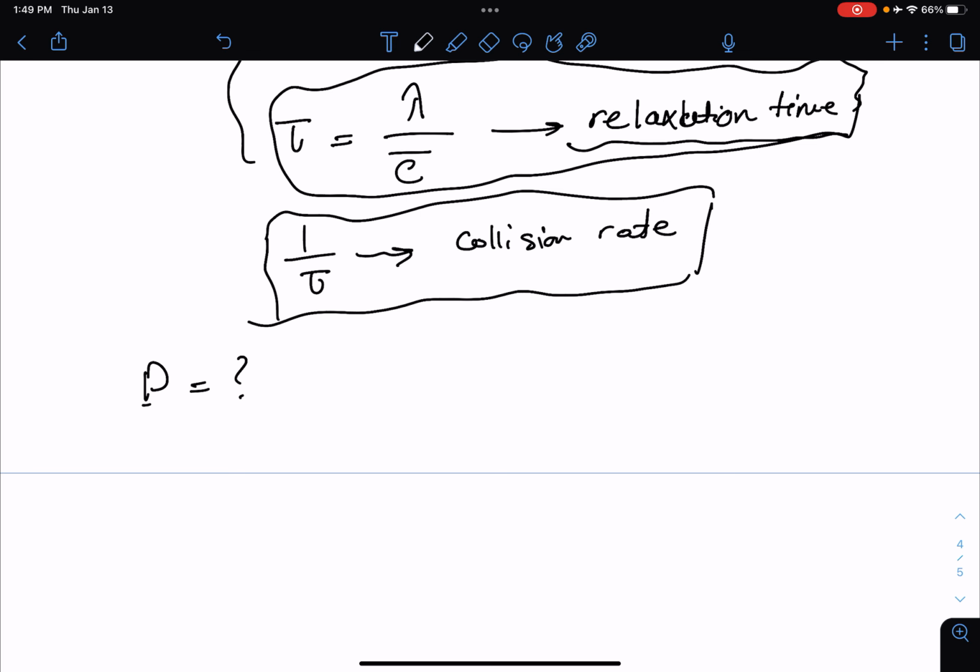So how can we quantify it? How can we find this collision rate here? The number of molecules present here is important, right? The number density is important. So we are going to have n. I assume their mass is going to be important as well, right?